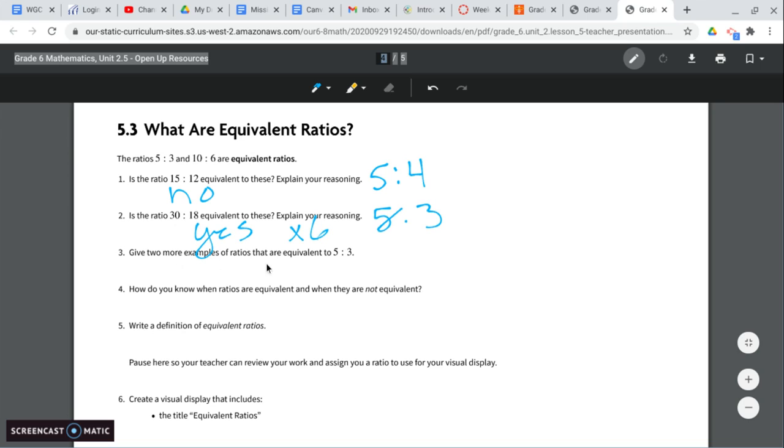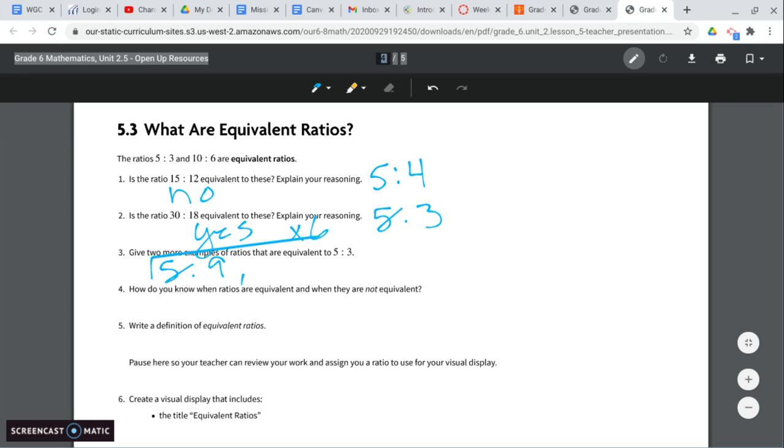Give 2 more examples of ratios that are equivalent to 5:3. We can multiply these by any number. This is times 2. We could look at times 3. 5 times 3 is 15. 3 times 3 is 9.